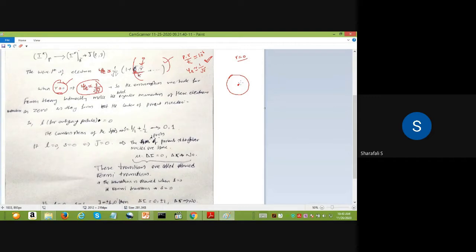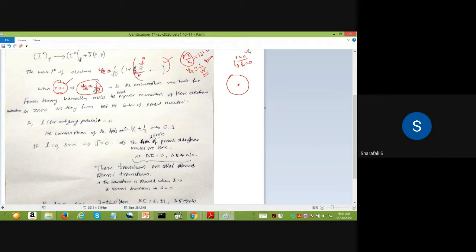Okay, so when r equals 0, it means that the orbital angular momentum of that electron will be equal to 0. So when you take p dot r by h cross, which is very small, and make psi_e equal to 1 by root V by this assumption, you are indirectly making this condition, which means that both will give you the same result.